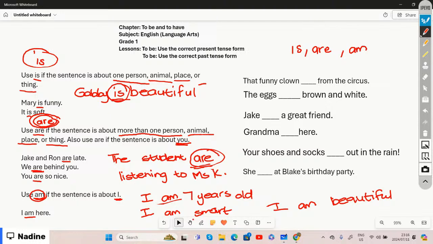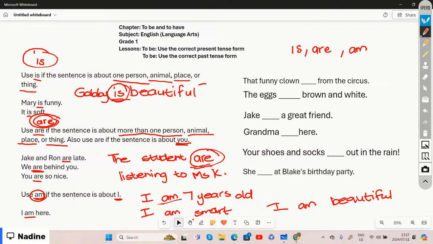All right, so if we were to choose the correct one, then we can say that funny clown.